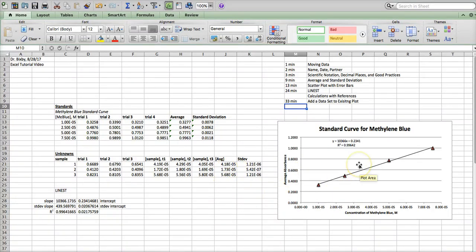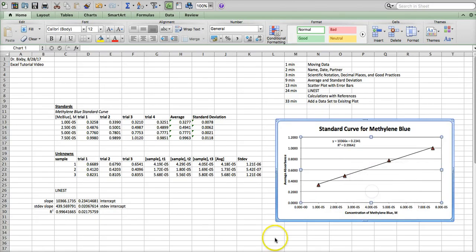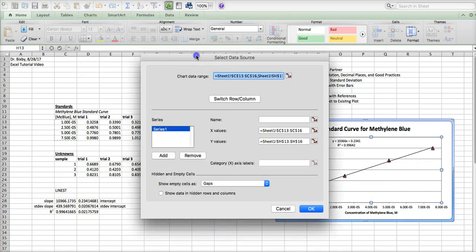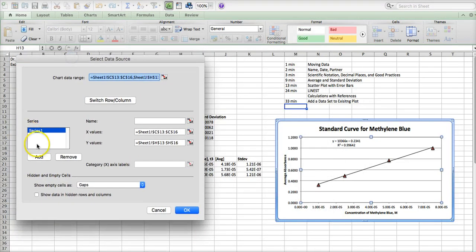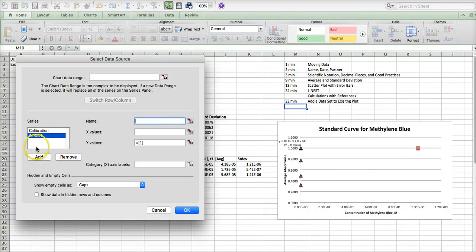Okay, so I'm going to left click or control click on my plot. I'm going to select data, and that's going to bring up my window again where I can add series, change series. So this series that's already on the plot, I'm going to call my calibration data, and I'm going to add a new set of data that I'm going to call samples.